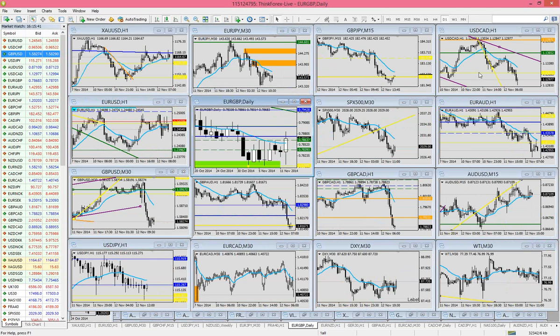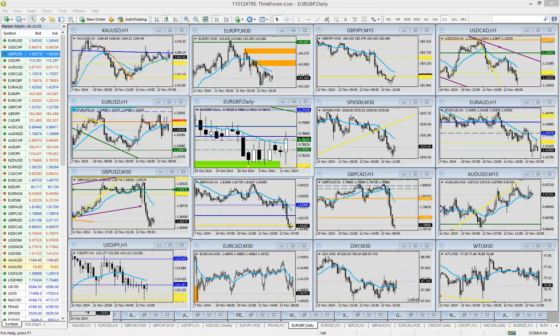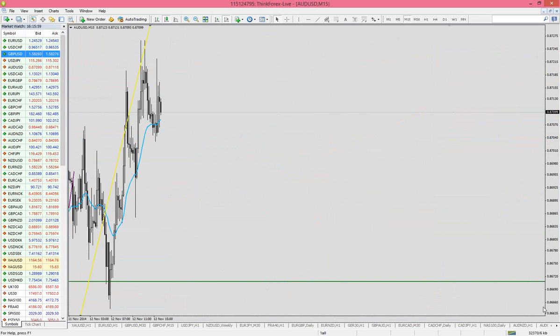Another pair where I think it is to be or not to be for US dollar is Aussie USD.